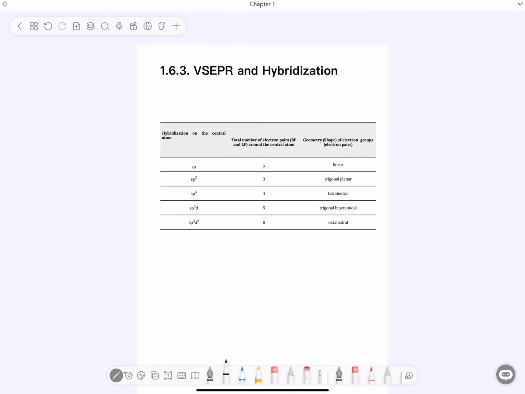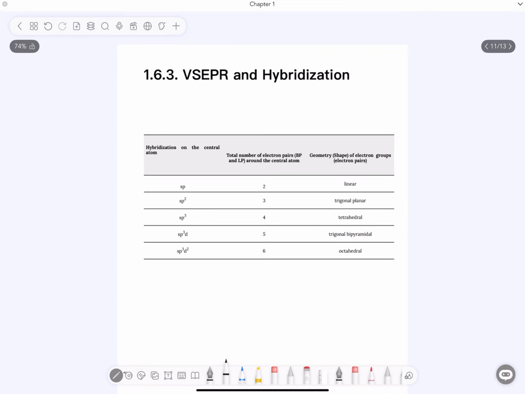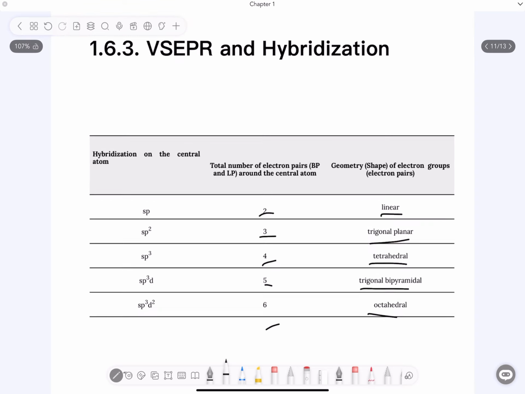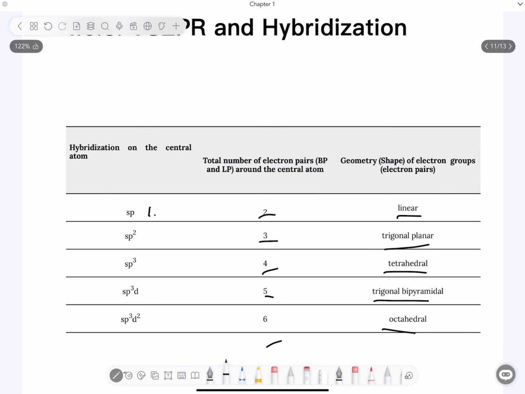So VSEPR hybridization. This is just like the same thing, but whether it's a bond or lone pair, it doesn't matter for the hybridization. And so when the steric numbers are 2, 3, 4, 5, and 6, it's going to be linear, trigonal planar, tetrahedral, trigonal bipyramidal, or octahedral. And I like to think of this as sp 1 plus 1, so it's 2, and sp to the power of 2, it's 1 plus 2 p's.